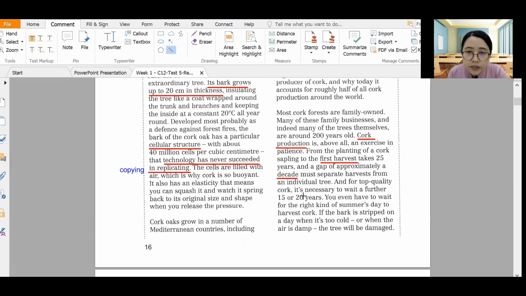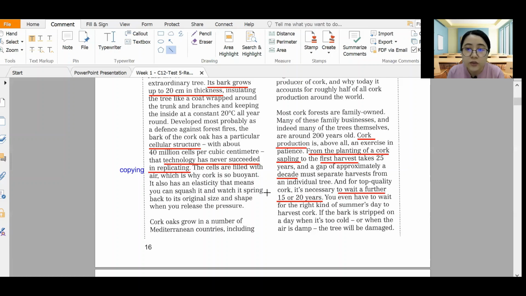For top quality, you need to wait a further 15 or 20 years. So from seed to the first harvest is 25 years, and then 10 years.